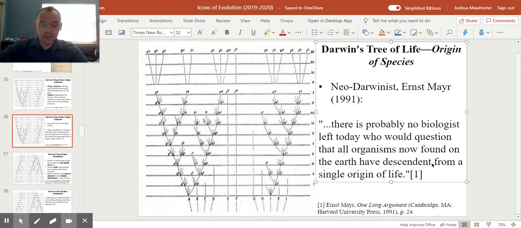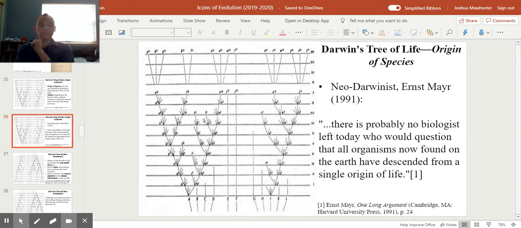Now, there could be some philosophical problems with this in the sense that it's a qualifying statement. No biologist. Well, what defines a biologist? Someone who agrees with this theory? Well, then, yeah, of course, that's what's a scientist?